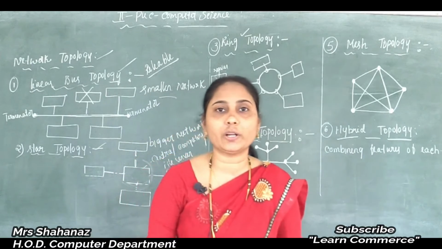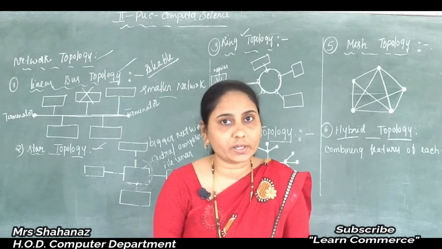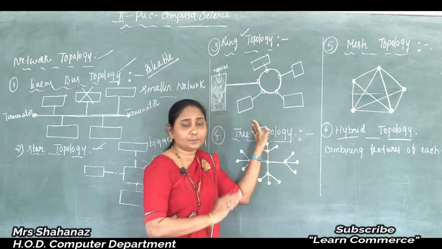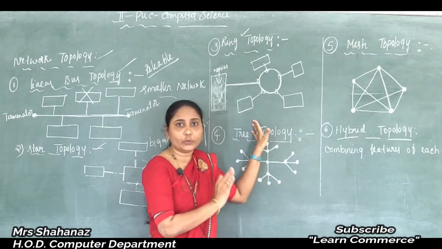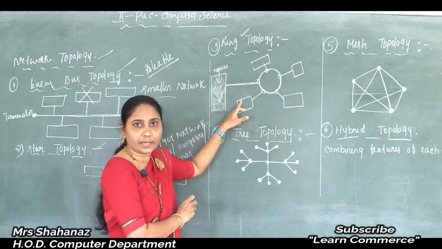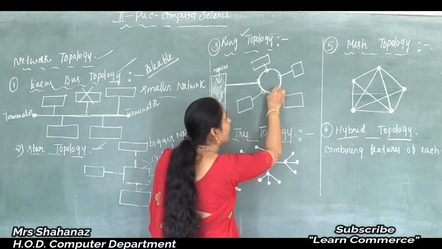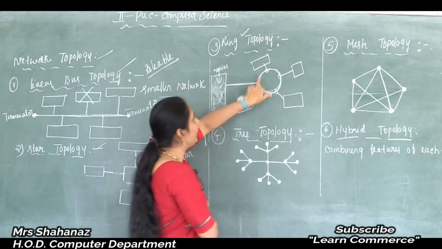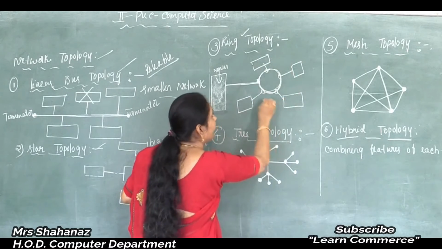In this case, all the nodes are connected directly to the central computer, that is, to the server only. All the connections between the nodes are just to our central computer.